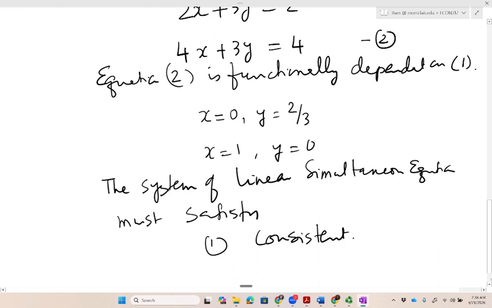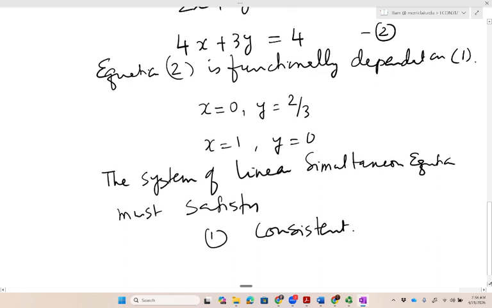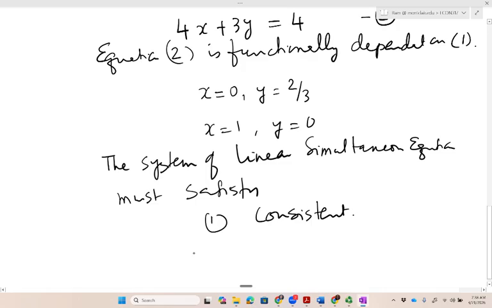so there is no contradiction in the sense of one equation being satisfied does not preclude the other equation to be satisfied. And second, we have functional independence.